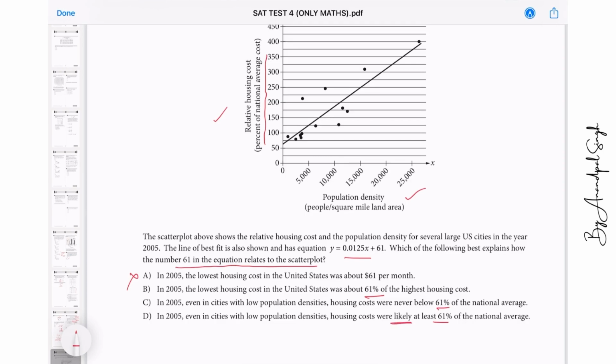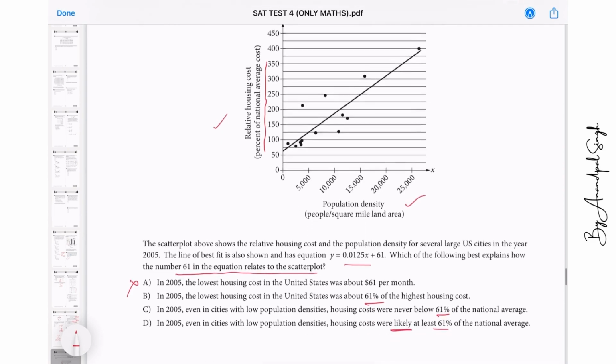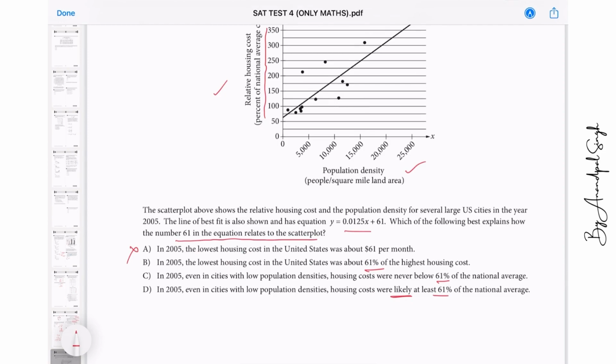See, options C and D are very close, but whenever they talk about this type of relative housing, they are just talking about most likelihood. That is, they're talking about the probability, not the accurate figure. So that's why I will go with D. Here the line of best fit represents the expected relative housing cost for a certain population density based on the data points in the graph.